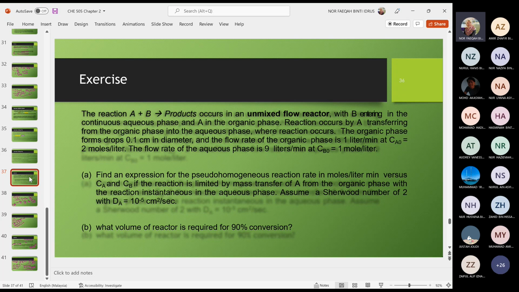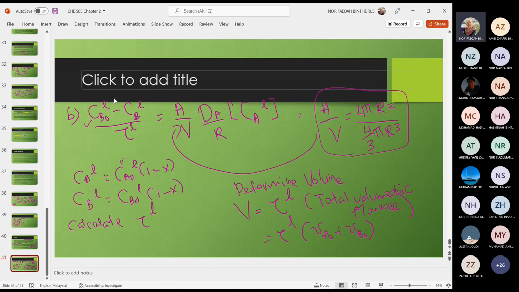Reaction only occur in liquid phase or only occur in gas phase. So, tiga assumption. Usually, we will write when we design the multiple reaction reactor. Dah dapat tiga assumption tu barulah you proceed.